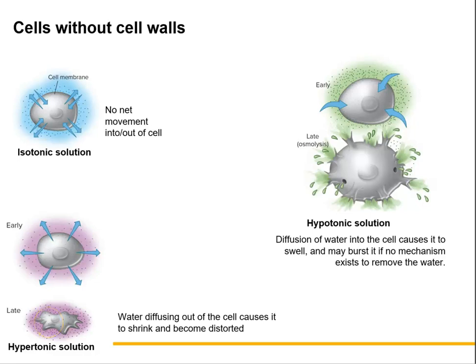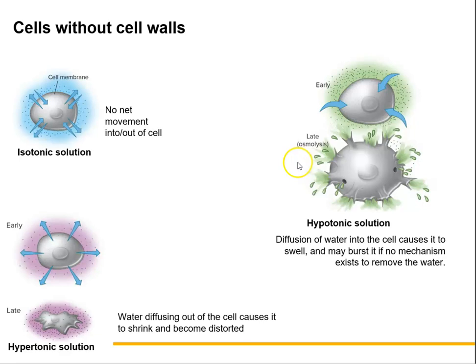Okay, here you can see the examples in cells without cell walls. So this here is an isotonic solution. There's going to be no net movement of water in or out of the cell. Now, if you took that same cell and placed it in a hypotonic solution, remember, water is going to go into the cell in a hypotonic solution.